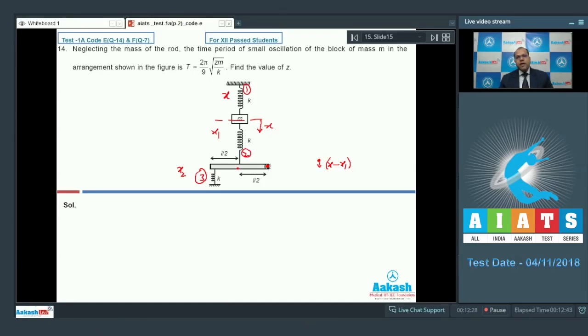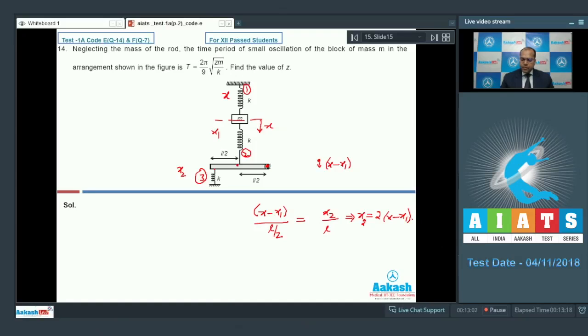So the net extension will be x minus x1. So angle theta is equal to x minus x1 divided by L by 2. And this must be equal to the angle theta at this point, so this is equal to, suppose the compression is x2, x2 by L. So from here we can say that the value of x2 comes out to be 2 times x minus x1.